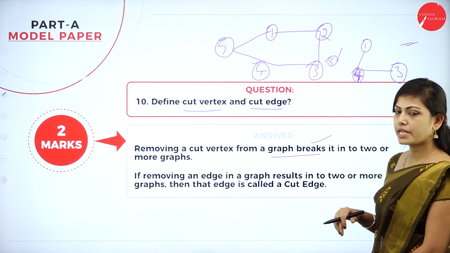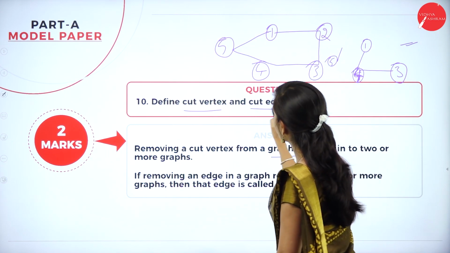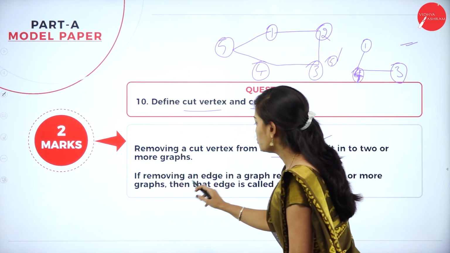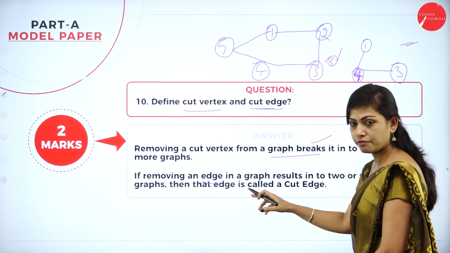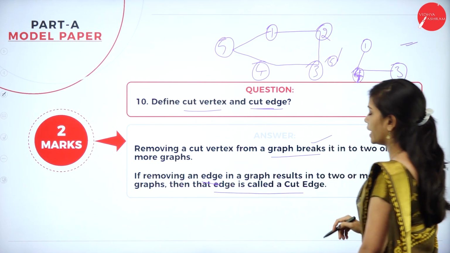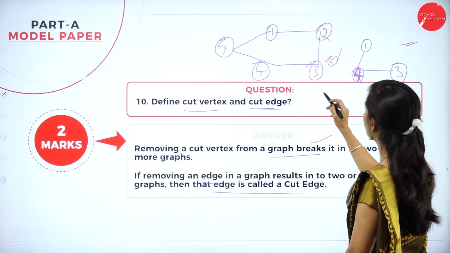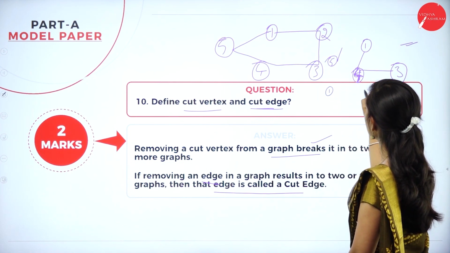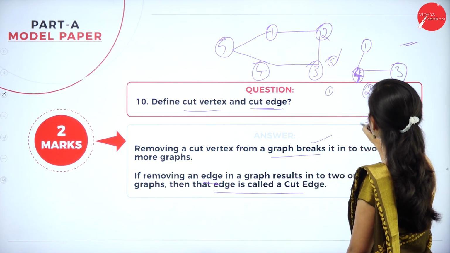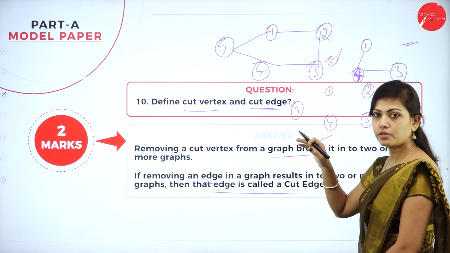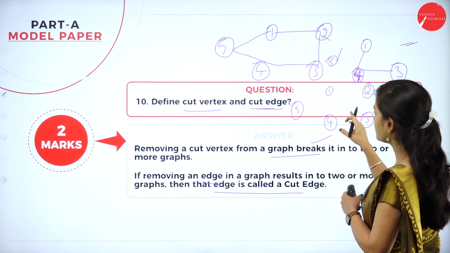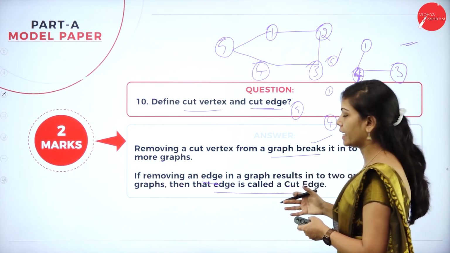You can give any other example for cut vertex. And cut edge: if removing an edge in a graph results in 2 or more graphs, then the edge is called a cut edge. Here we have 5 vertices, 1, 2, 3, 4 and 5. Here I'll not remove a vertex, I'll remove the edge.